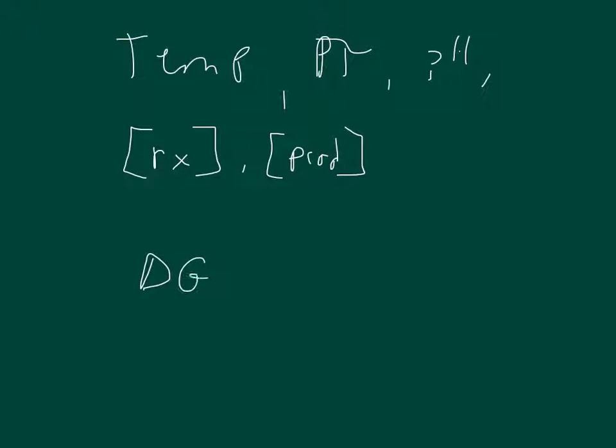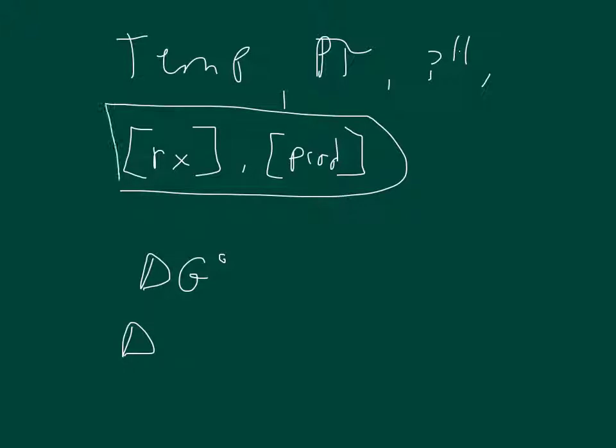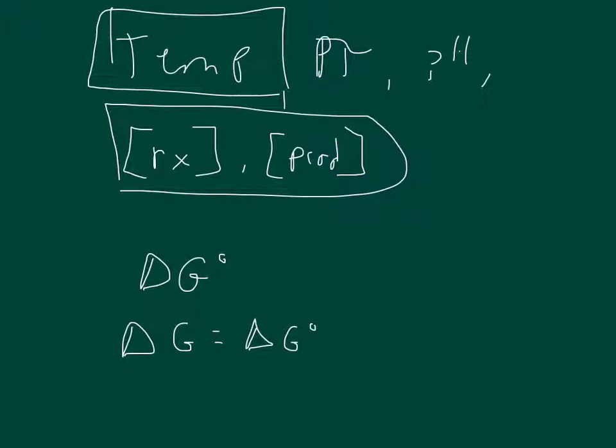So delta G with a little degree sign above it is called delta G naught, also called delta G standard state or standard state free energy. And the way you can calculate delta G under any given product and reactant concentration and any given temperature is: delta G is equal to delta G in that standard state plus the gas law constant times the temperature times the natural log, Ln, of the reaction quotient.